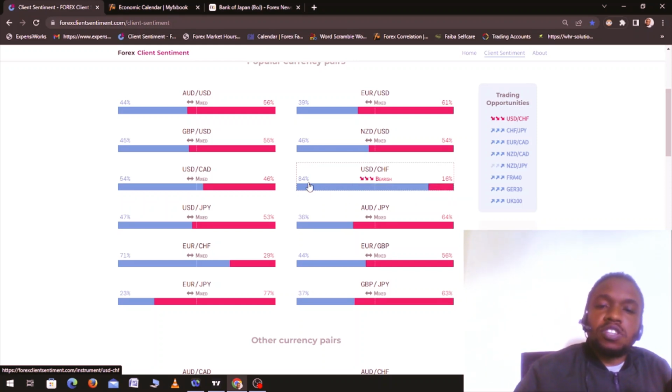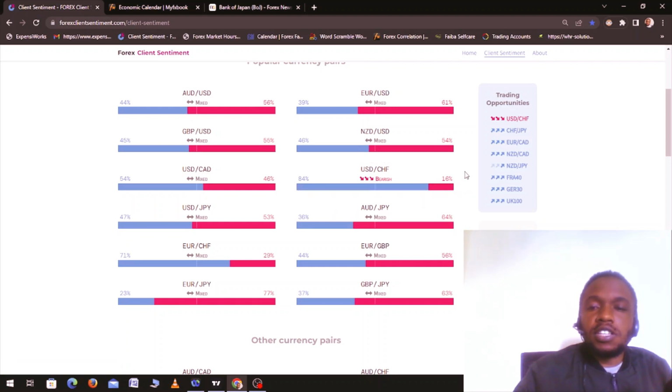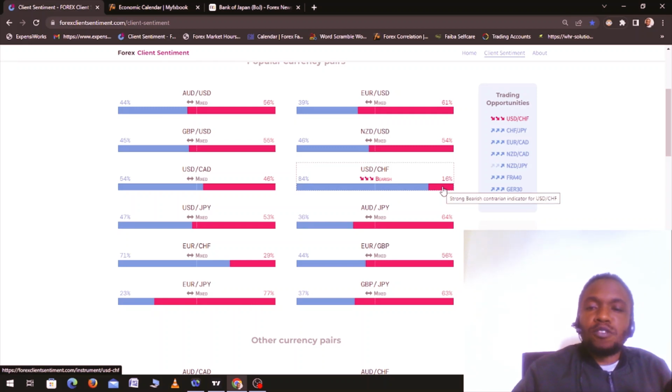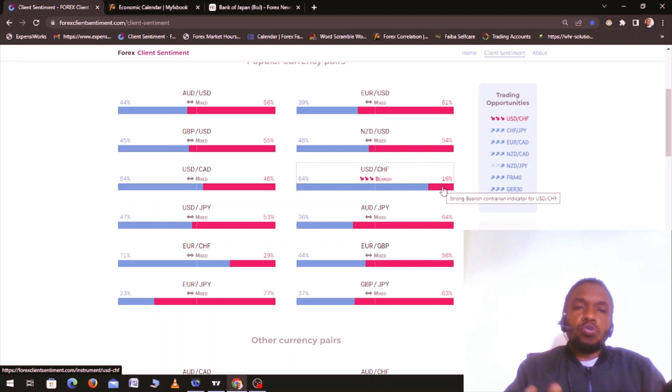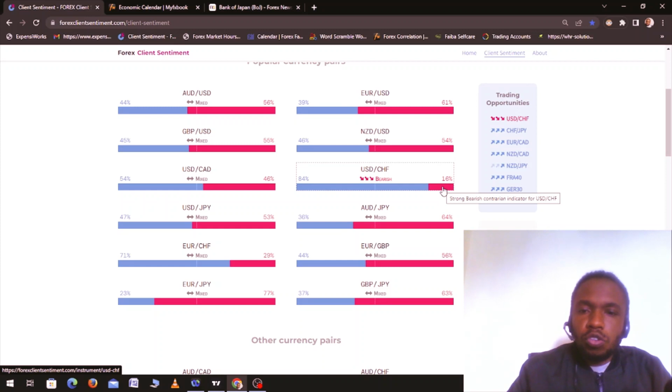Retail traders are 84% long on USD/CHF, and only 16% of the smart money traders are short. So what does this tell you as a trader? You're combining aspects of sentiment analysis, fundamental analysis, and technical analysis to get your entries and exits.